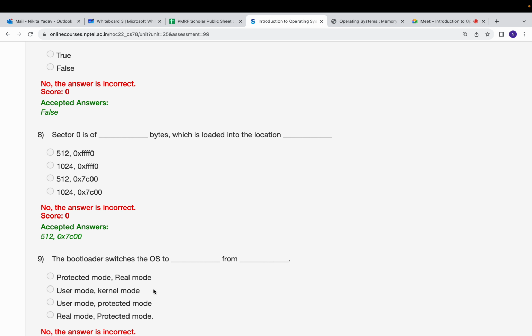And in real mode, it means that it is executing in backward compatible mode to 8088, and at that time it can access only 1 megabyte of memory in RAM, the lower 1 megabyte. So the bootloader switches the OS to protected mode from real mode. Again, you should look at the last lecture in week 2, and it's right there.